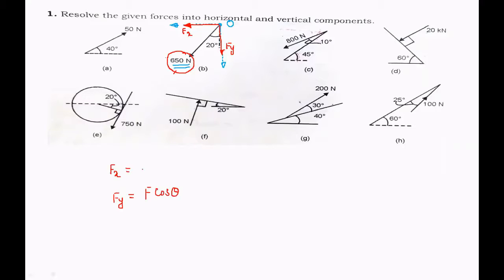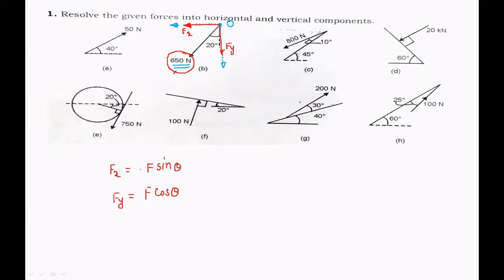And fx, that is the x component, is opposite to the 20 degree angle, so it will be sine theta. So fx is equal to f sine theta. Okay. Now consider the direction. Fy is towards the negative y direction, and fx is towards the negative x direction.